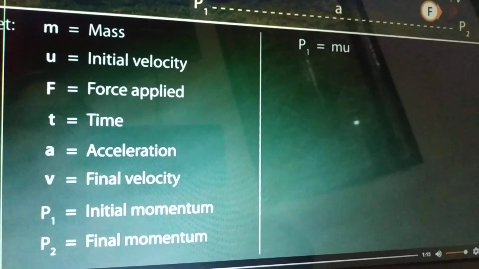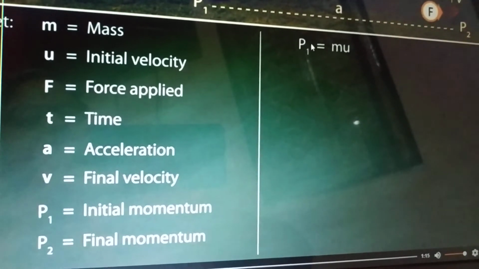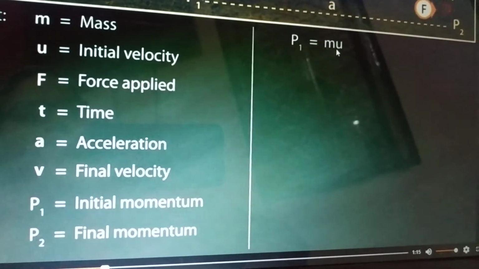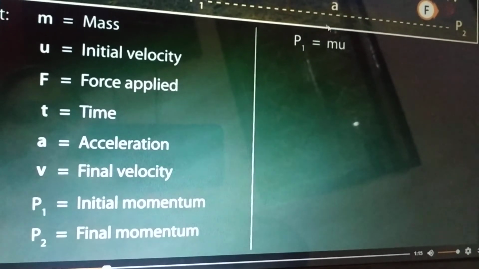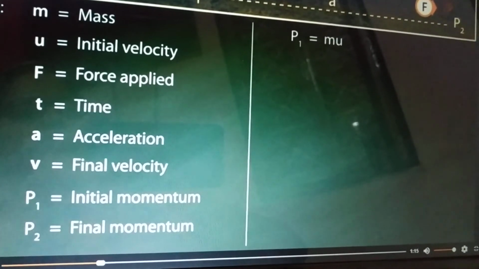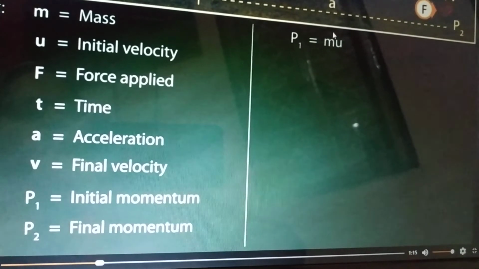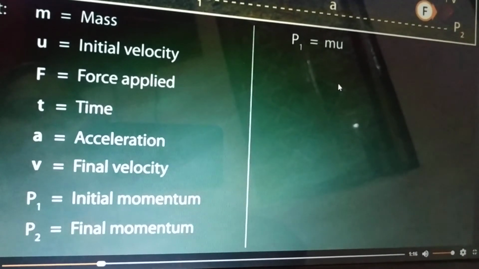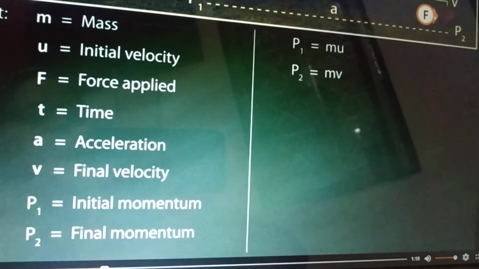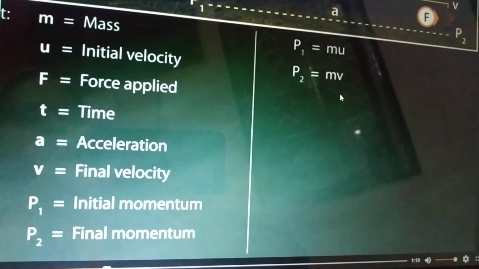So we all know what momentum is. Momentum is denoted by p, and p is equal to mass into velocity, right? So here if we find p1, p1 is equal to mass into velocity. So mass m and velocity in this case is the initial velocity u, right? So p1 is equal to mu, and likewise p2 is equal to mv, mass into final velocity.